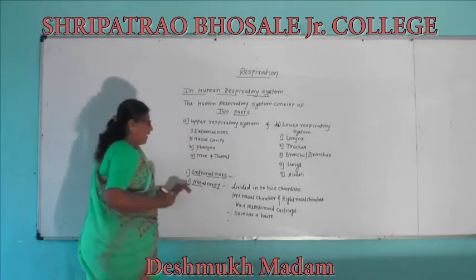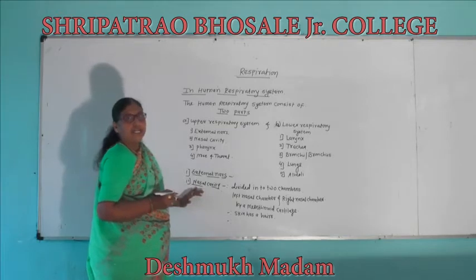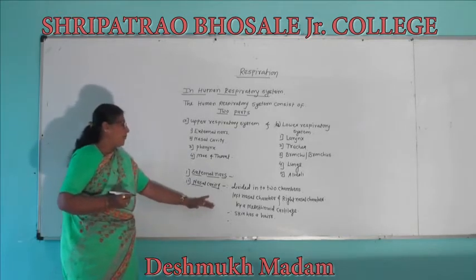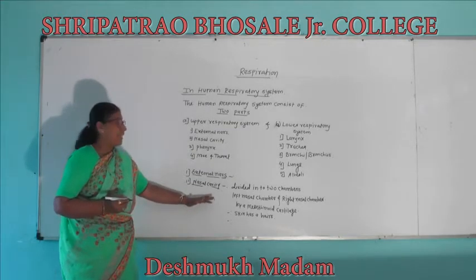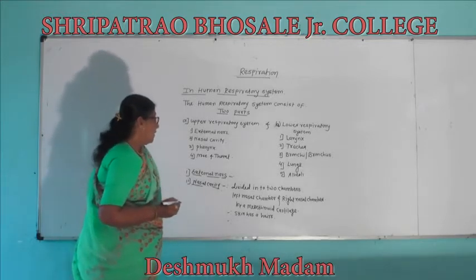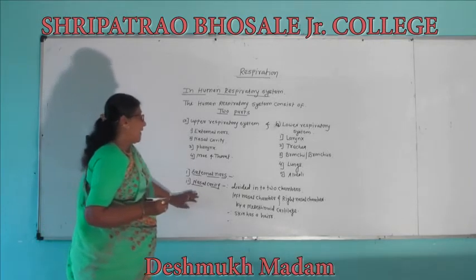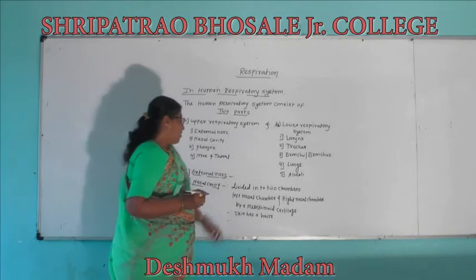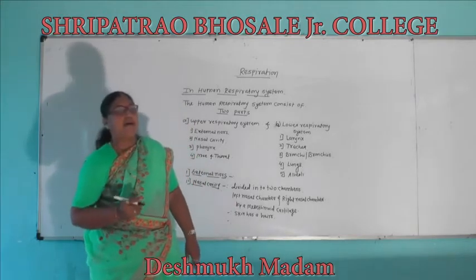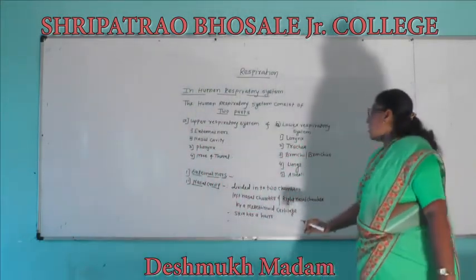Then the nasal cavity is internally lined by ciliated epithelial cells. The nasal chambers are divided by a mesethmoid cartilage.